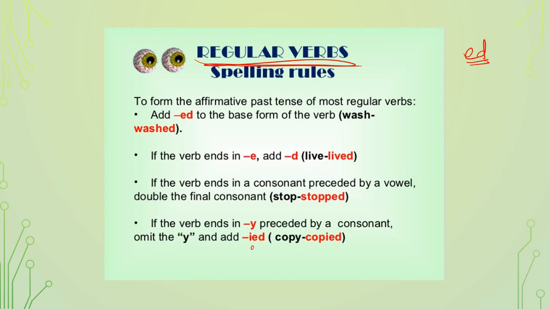If it is ending with a consonant but a vowel is coming before that, then you will double the consonant. If only e is coming at the end, then you will add d. If y is coming, then you will drop the y and write ied. So these are the rules for changing the spelling. But generally we are adding ed only. We are adding ed and we are getting the past tense.